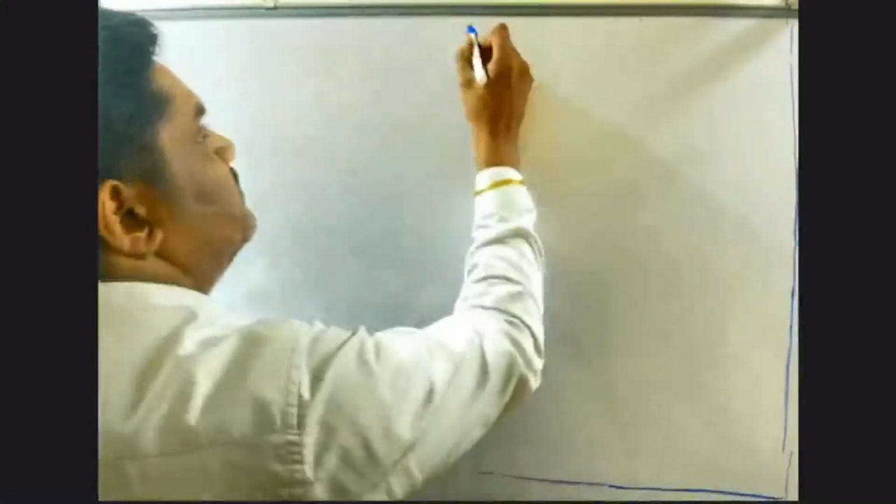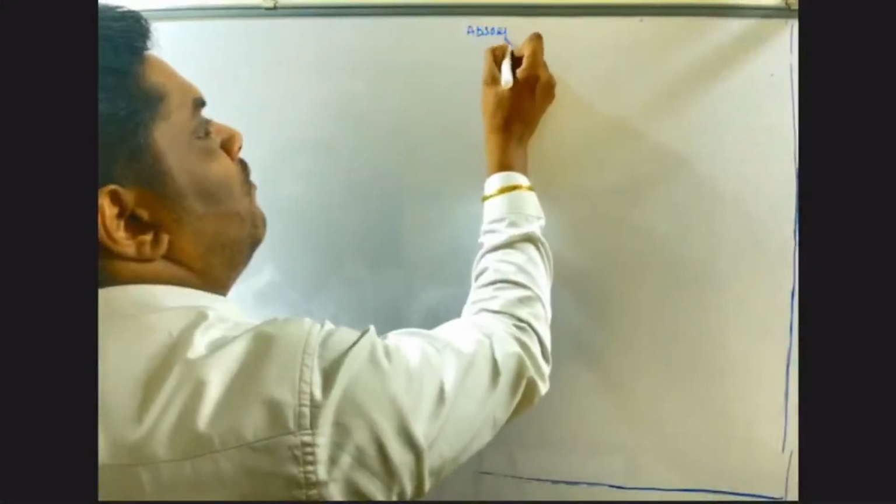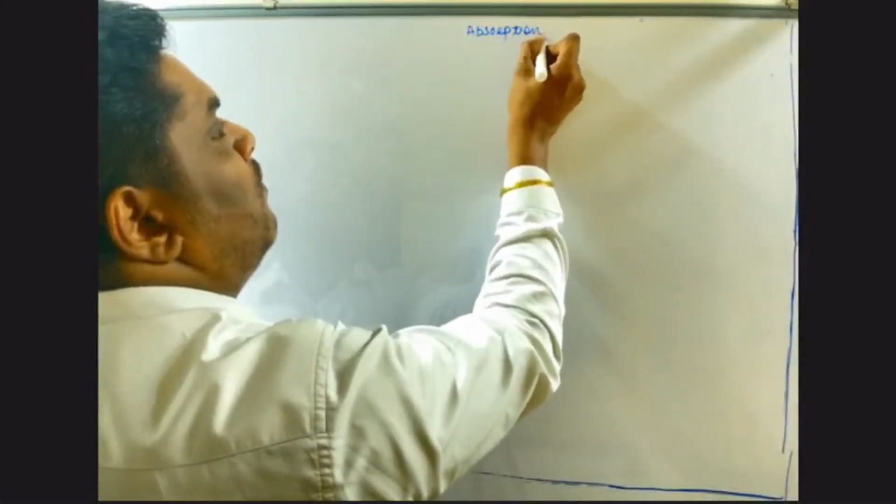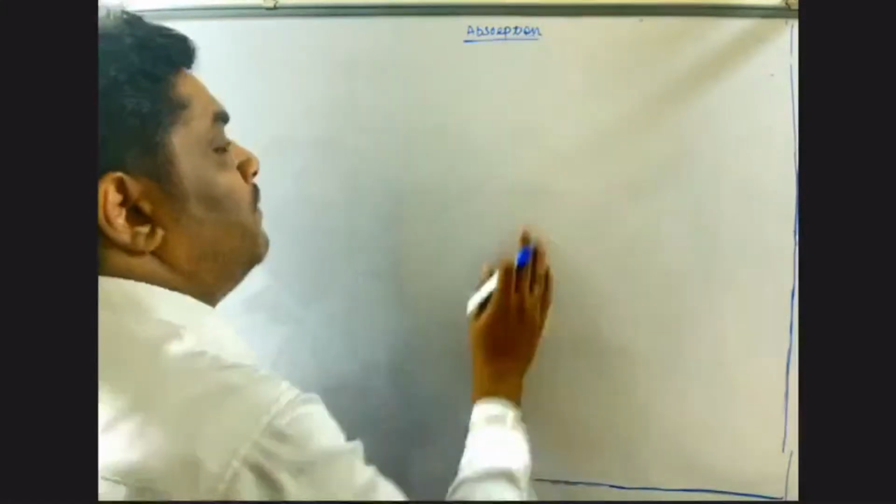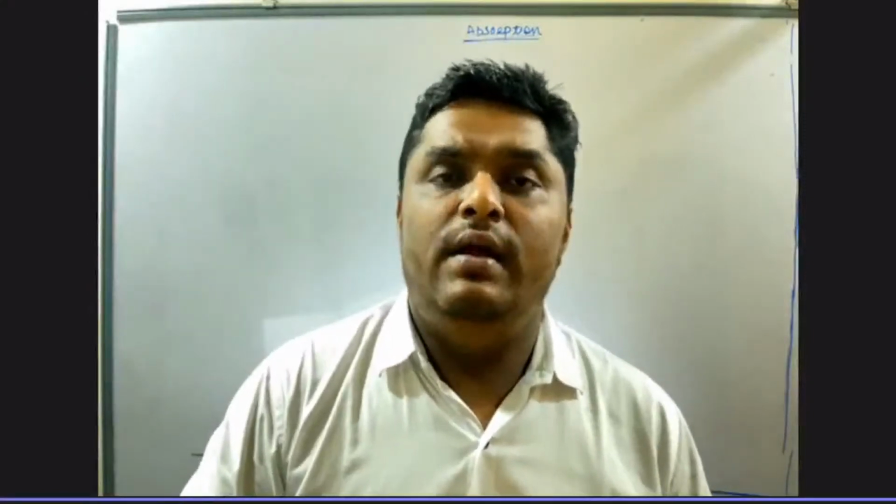Now how to absorb the overhead, we'll be discussing this part, but why absorption? What is the use of absorption? Let's start, guys. Now let's say I'm a manufacturer and I manufacture 4 to 5 types of product.